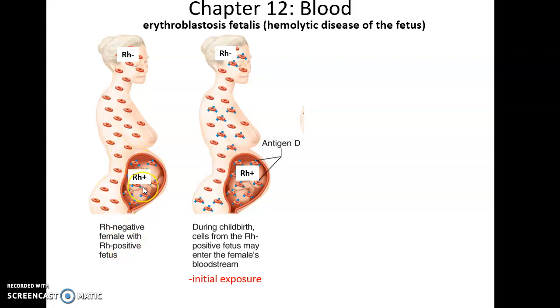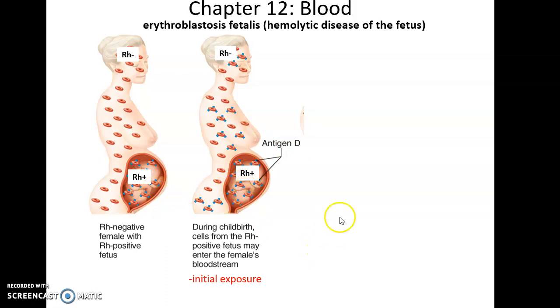She's pregnant with an infant who is Rh positive, probably because the father was Rh positive. And during childbirth, some of the infant's Rh positive blood ends up going into the mother's bloodstream. This causes the mother to be exposed to the Rh antigen. And so now she's going to start generating antibodies against the Rh.